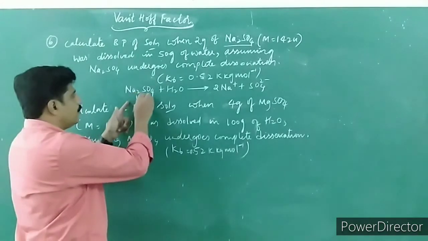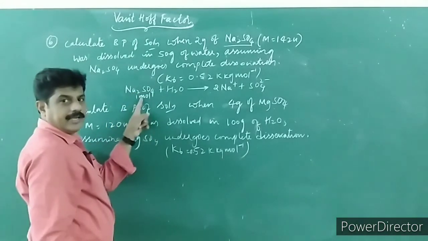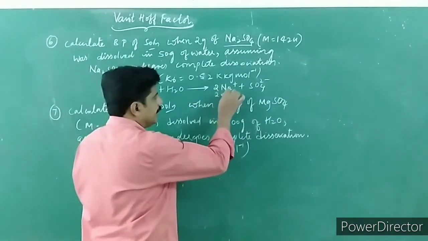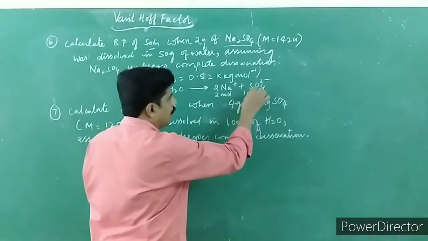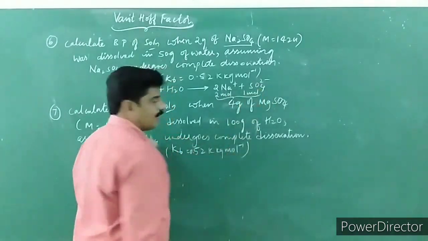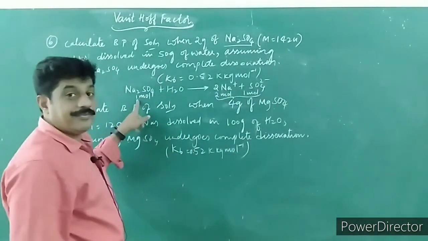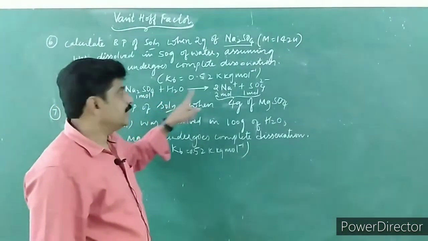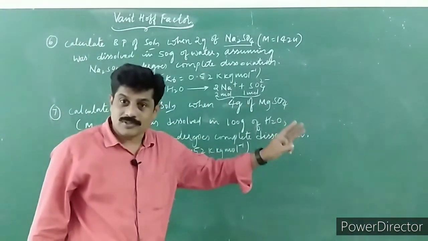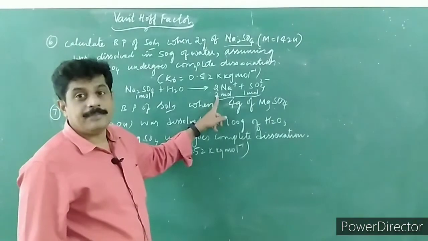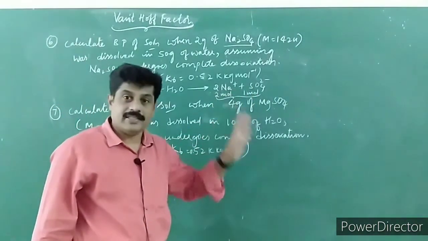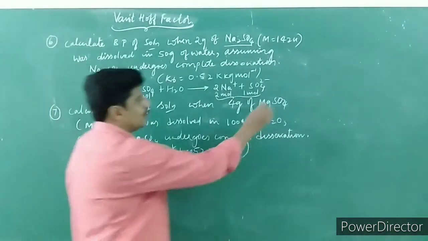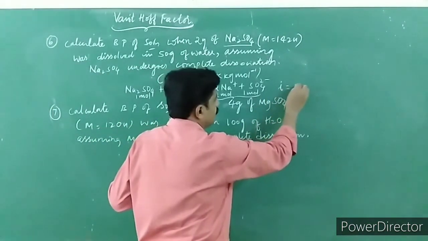With every 1 mole of Na2SO4, you are going to get 2 moles of Na plus and 1 mole of sulfate ion. That means 1 mole of sodium sulfate on dissociation gives you 3 moles of Na plus and SO4 2 minus ions together. That means i is equal to how much here? i is equal to 3.